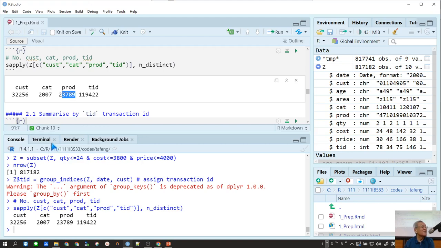See that? So this is the power of sapply, because I select several columns and apply n_distinct, so we see the situation.